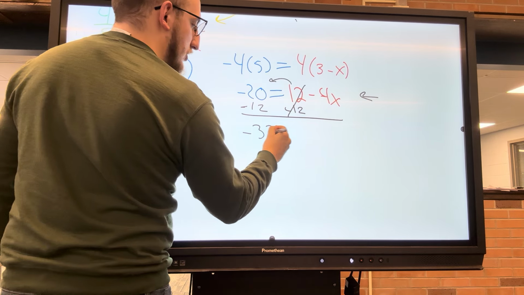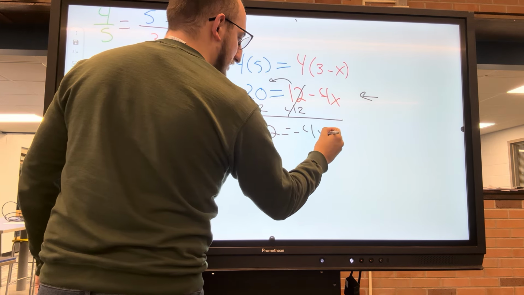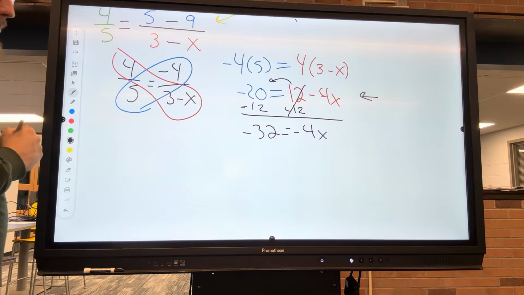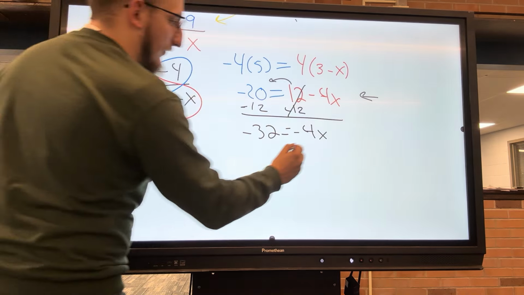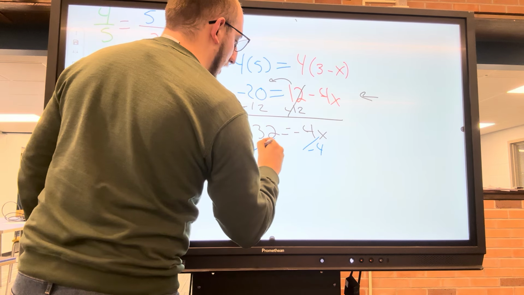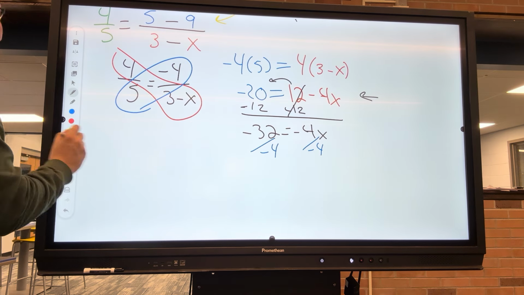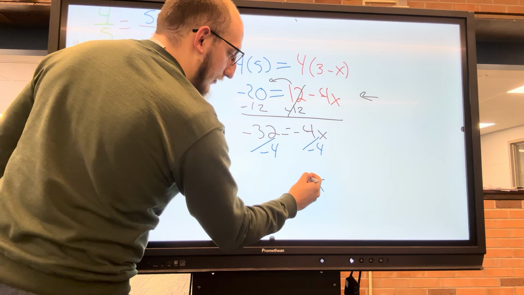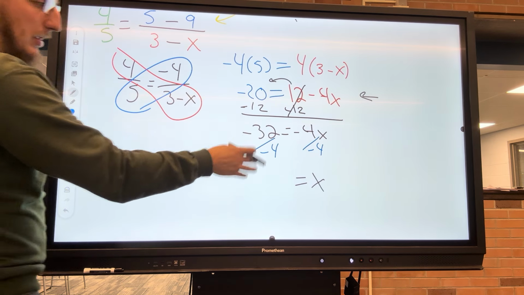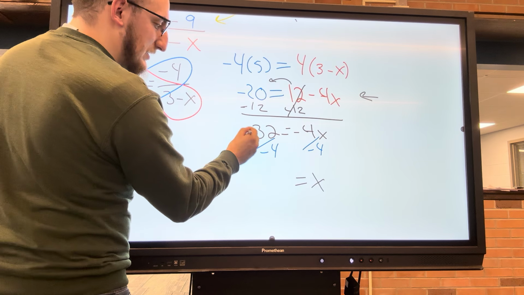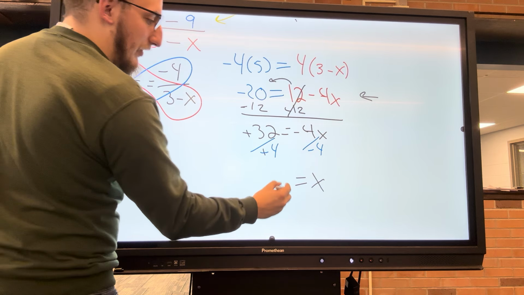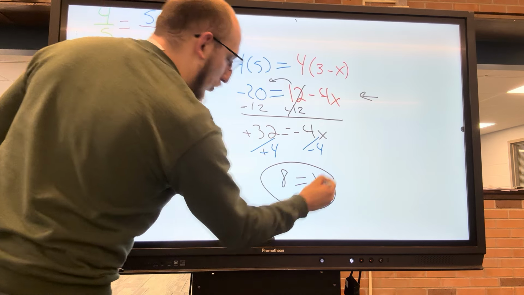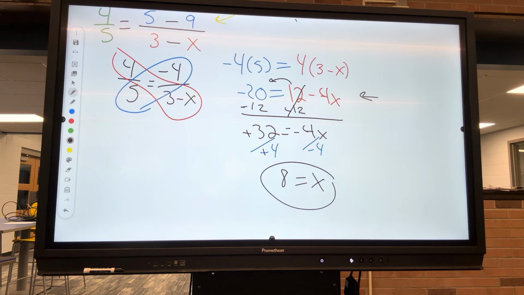So we get negative 32 equals negative 4x. And then we do what? Then we divide by negative 4. Divide by negative 4. And this is going to give us our x all by himself. X equals, well, negative divided by negative makes these both positive, and 32 divided by 4 is 8. Our missing coordinate is 8.